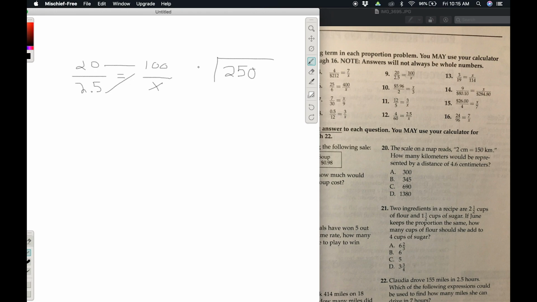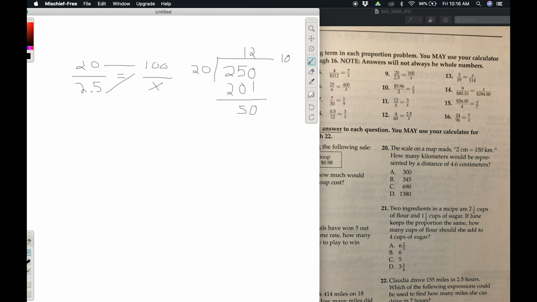Okay, so 20 goes into 25 one time. 1 times 20 is 20. 25 minus 20 is 5. 20 goes into 5? No, it does not. So bring down the 0. 20 goes into 50 2 times with a remainder of 10.